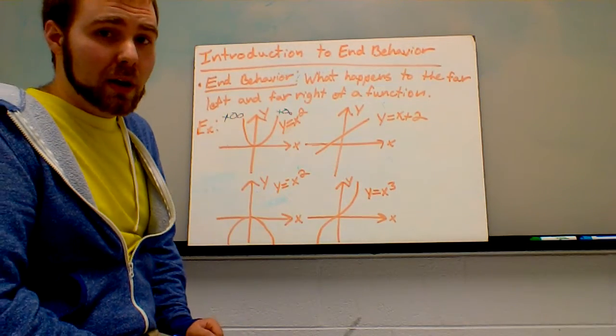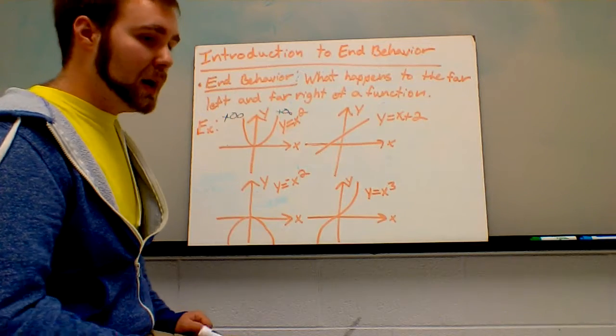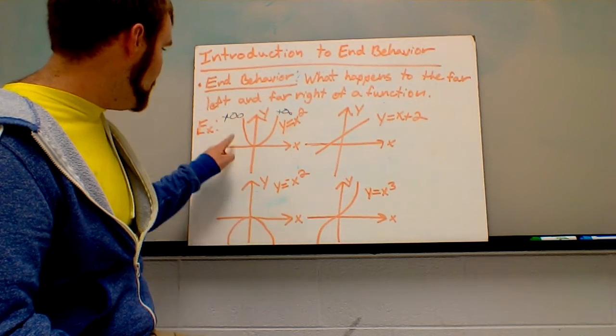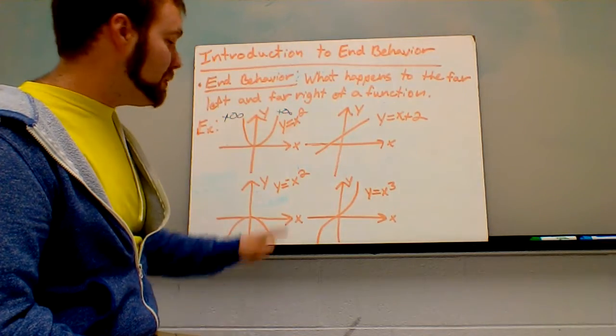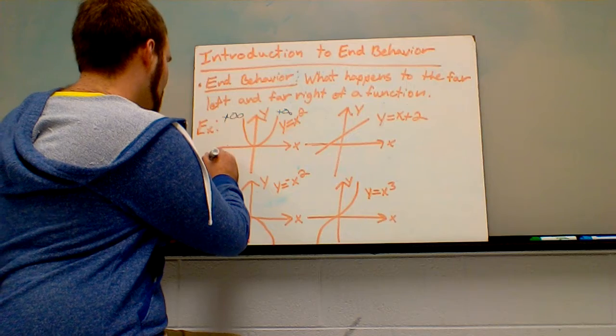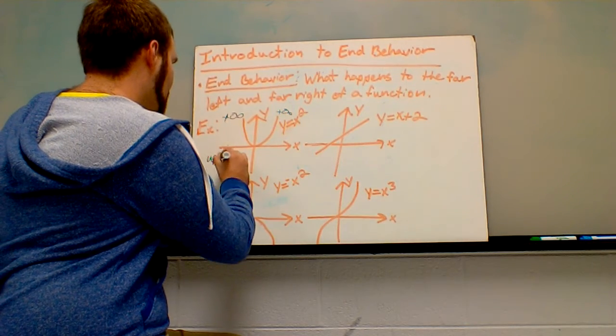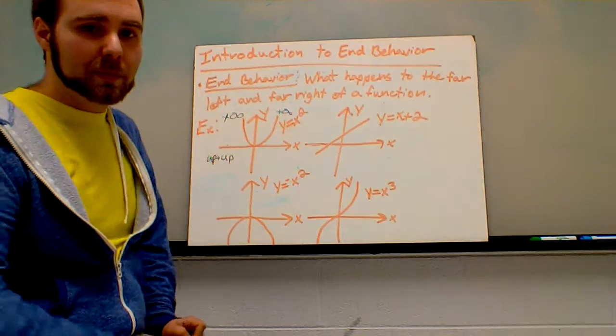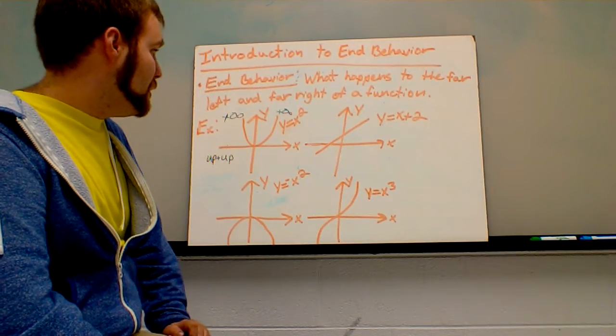So when we talk about end behavior, we talk about up or down. That's basically the terms we use. So in this case, this keeps going up forever. This keeps going up forever. So this is an example of up and up end behavior.